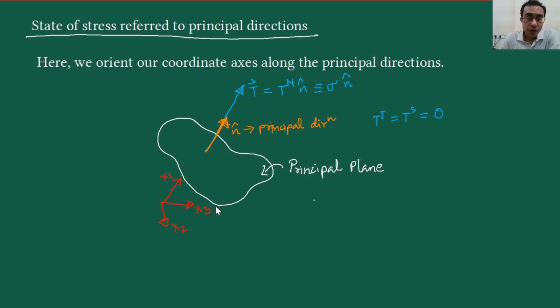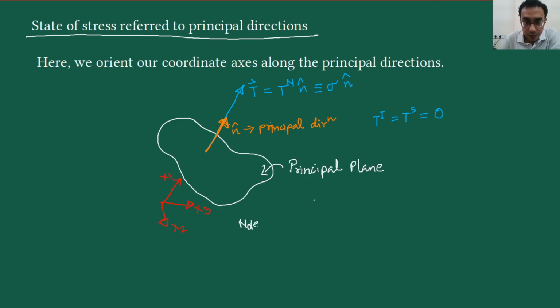There is no restriction on us to say that x1 has to be like this. It could very well be the case that x2 is parallel to this n hat. You understand that the plane containing the x2 x3 axes is parallel to this plane.